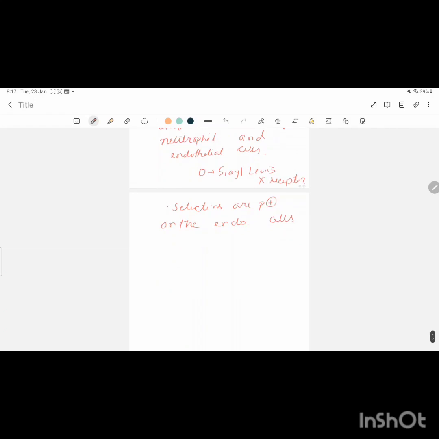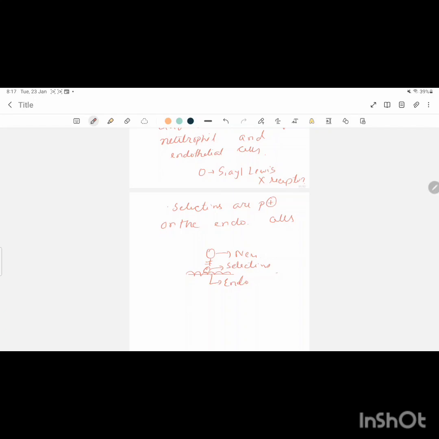So here, this is the neutrophil, these are the receptors, this is the endothelial cell, and these are the selectins. You can see there is transient binding between the Lewis X receptor of the neutrophil and the selectins.